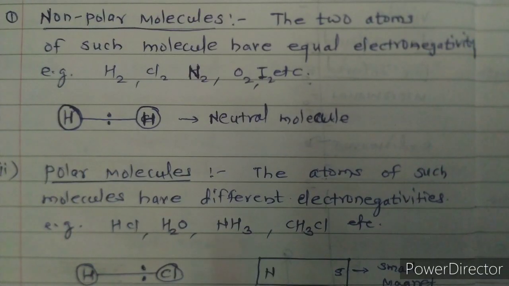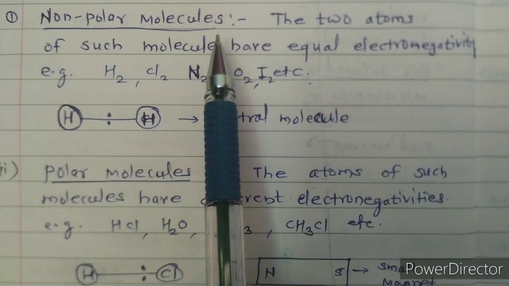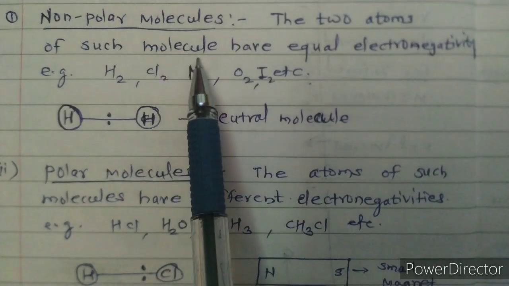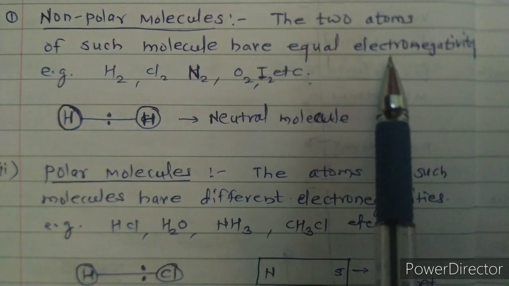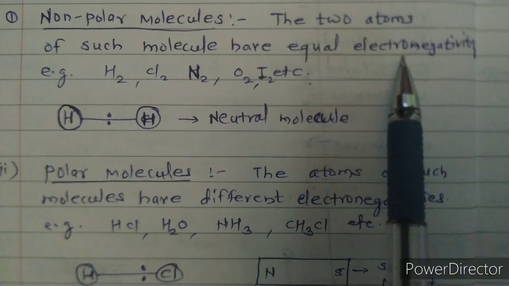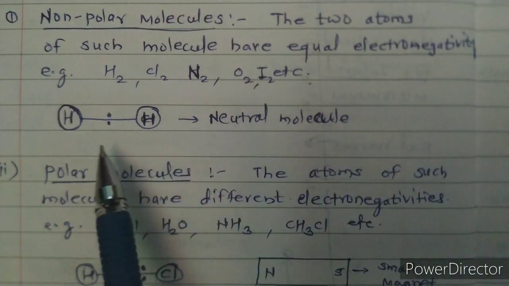So first of all, we will discuss non-polar molecule. In a non-polar molecule, the two atoms of such a molecule have equal electronegativities. So what is the meaning of electronegativity? The tendency of an atom.